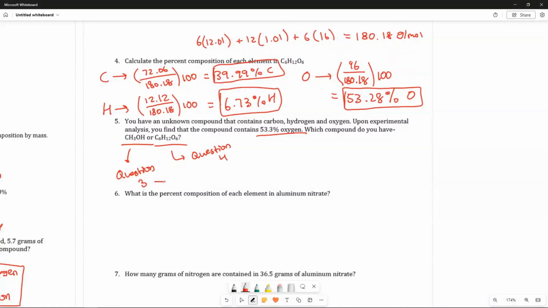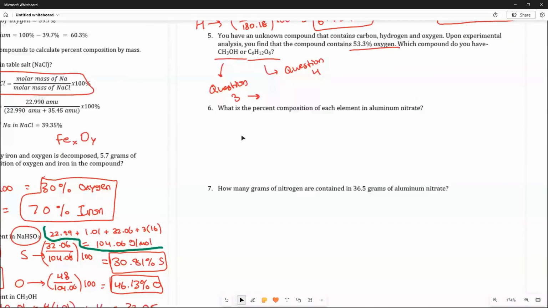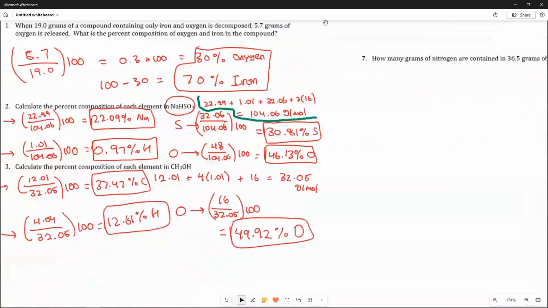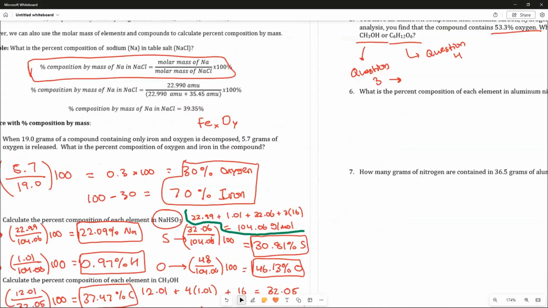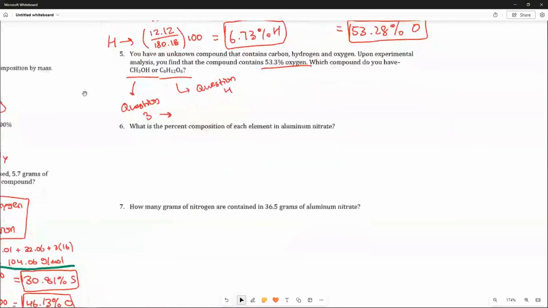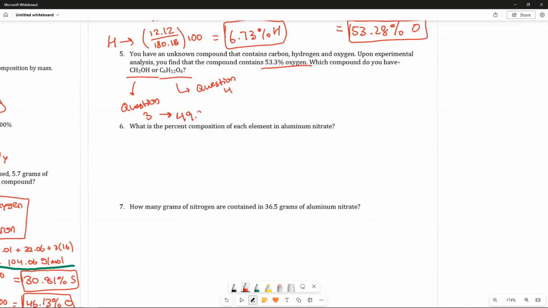In question 3, if we flip back here, the percent of oxygen, let's highlight that in yellow here, was 49.92. Remember that, because we're going to write it here. 49.92%.